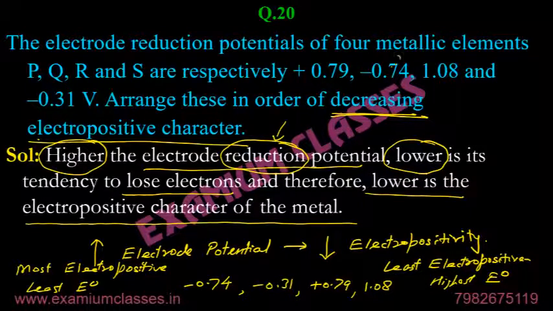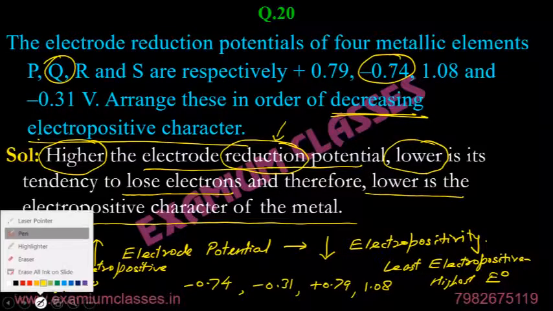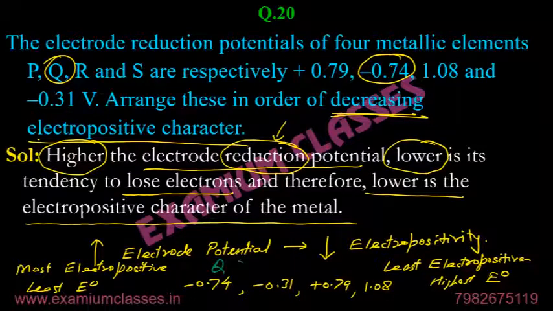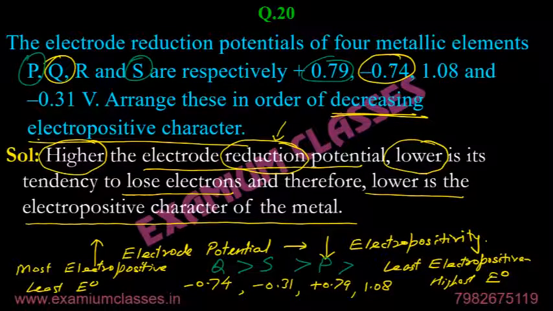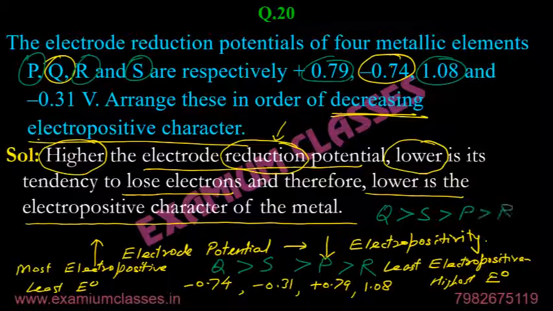It means minus 0.74 is related to Q, so it will be Q. Then minus 0.31 is S, 0.79 is of P, and 1.08 is of R. So it will be Q, S, P, R. Decreasing order of electropositive character.